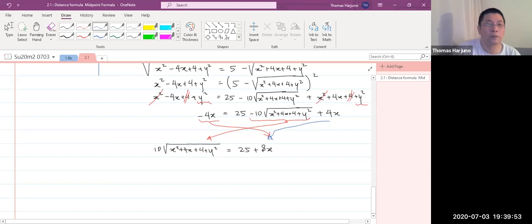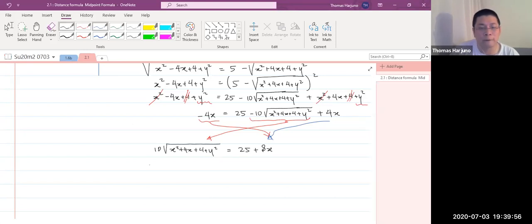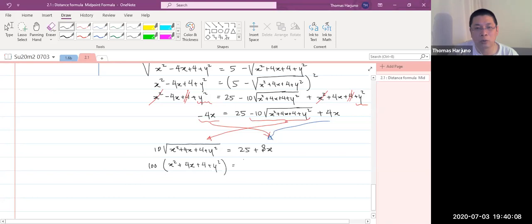Now to get rid of that square root, I square both sides again. When I square both sides, the 10 becomes 100, the square root goes away, and on the right hand side I get 25 plus 8x squared. So remember the principle that we isolate the radical, and then square both sides.